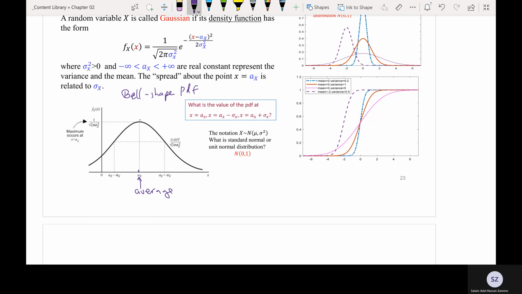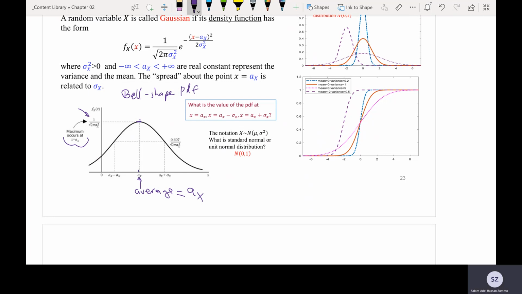And the peak of it has this value. The maximum occurs at the average, the mean of X in this particular variable.